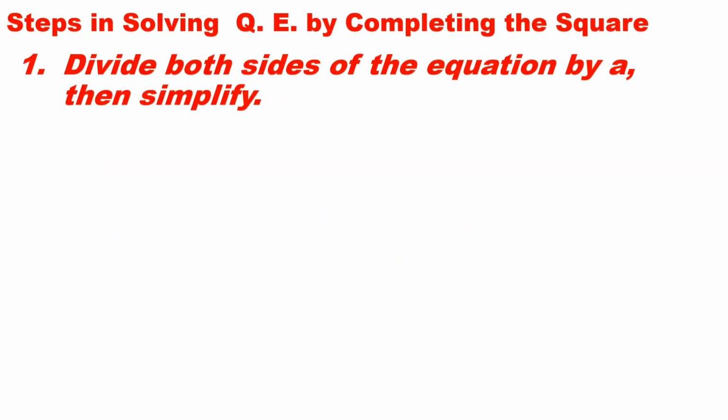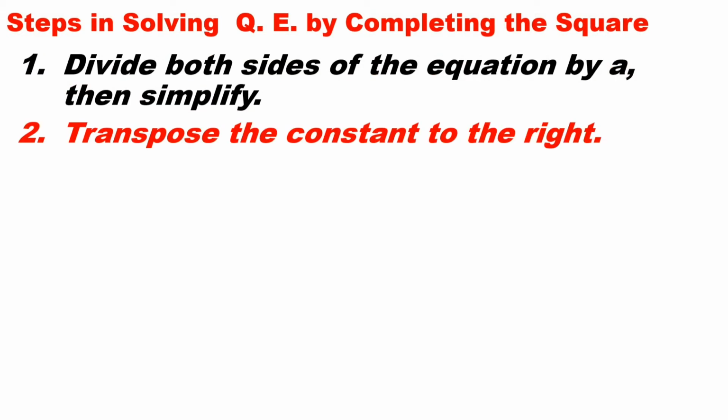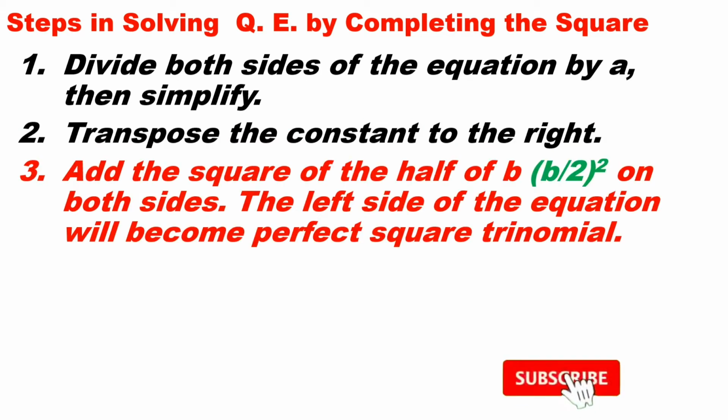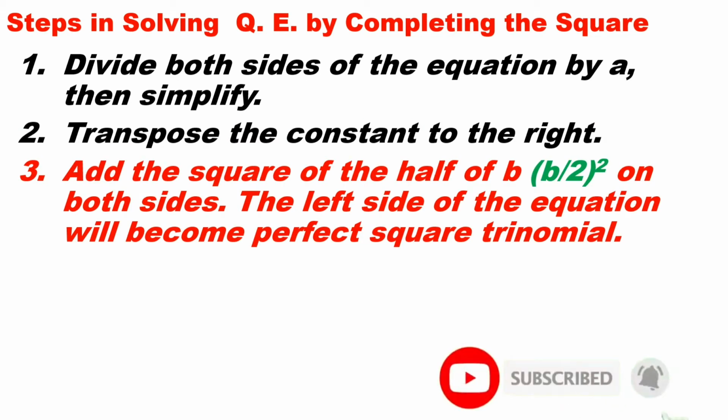The following are the steps in solving quadratic equations by completing the square. Step 1. Divide both sides of the equation by a, then simplify. Step 2. Transpose the constant to the right. Step 3. Add the square of the half of b, or quantity b over 2 squared, on both sides.